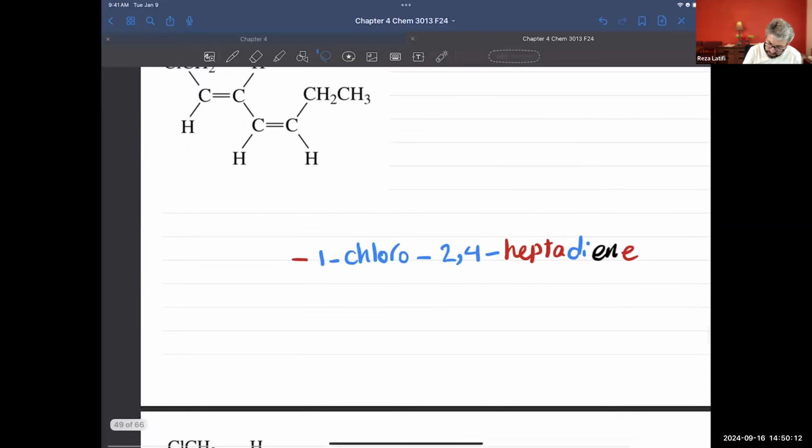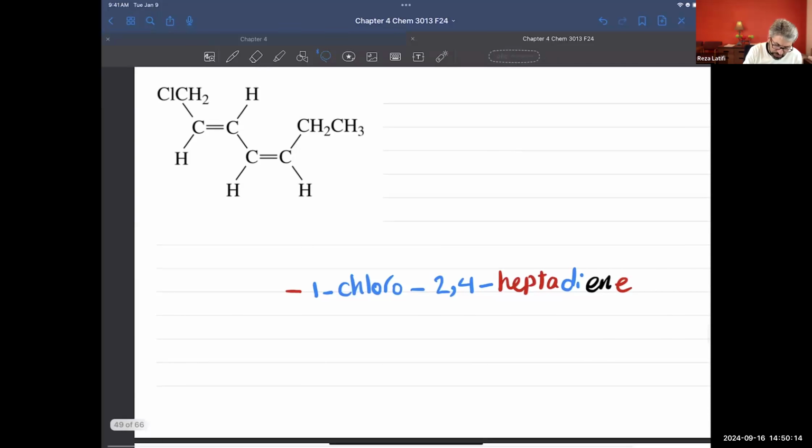So in the next structure, we have one substituent here, one substituent there, and the next substituent here. Their positions are across from each other, and so this one will be E. So I'm going to say the first double bond has E structure.